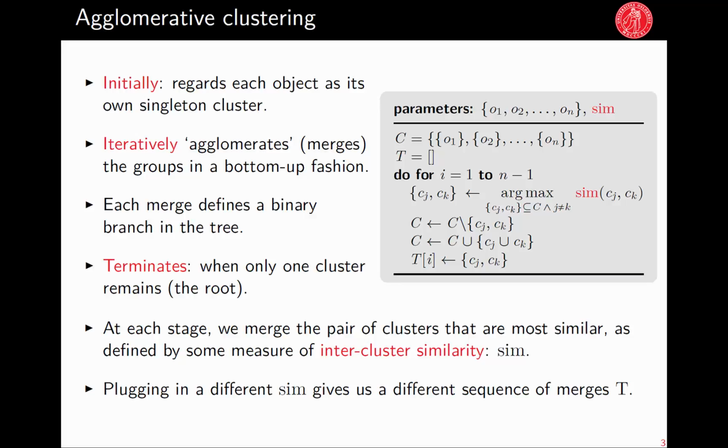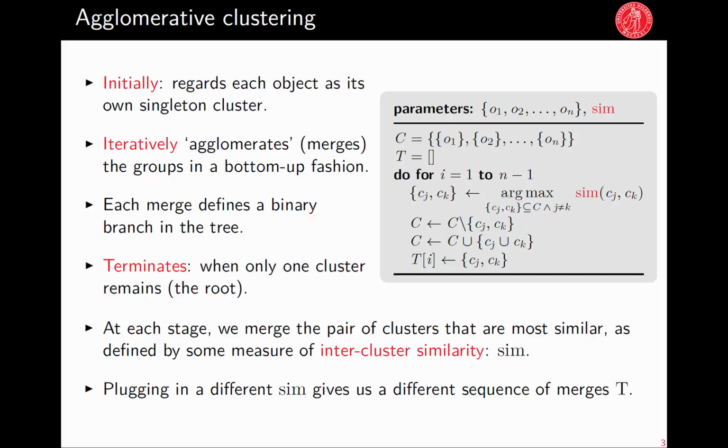Then again, it will find the two clusters that are most similar, and merge those two, and then iteratively continue to merge clusters until finally there's only one big cluster comprising all the objects in our collection, which will correspond to the root node in the tree structure that these merges give rise to. Each merge operation can be seen to yield a branch in the tree, building the tree from the bottom up.